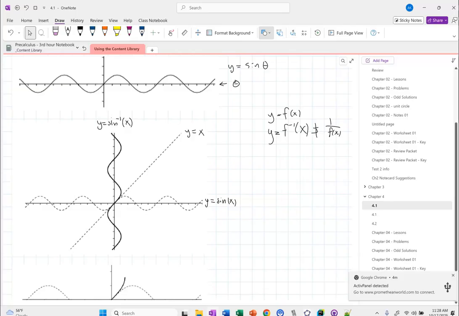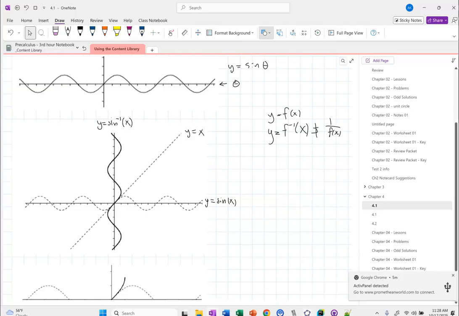So let me ask you a different question, to get us a little more focused on where I'm trying to get to. But these things are good ideas. If you look at that graph of sine inverse, is it a function? No, why not? What was the check that we used in Algebra 2 to check if a graph represented a function?